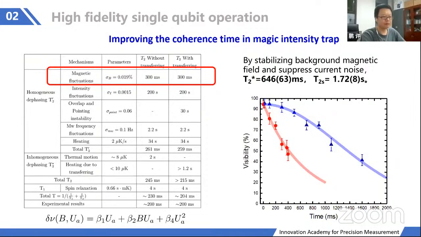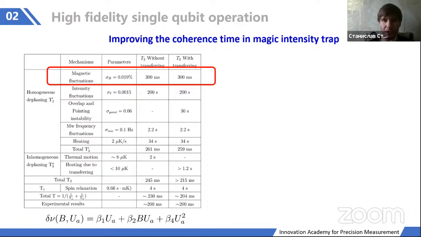And the second question is, you still have some residual inhomogeneous dephasing. What is the source of this? Is it heating from the laser? Because the coherence time in your echo scheme differs from what you see without the echo scheme, so there should be some inhomogeneous dephasing.